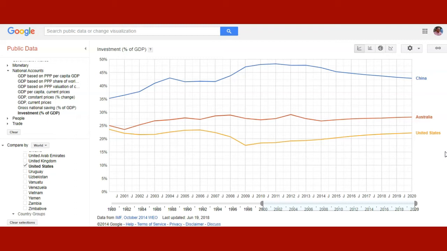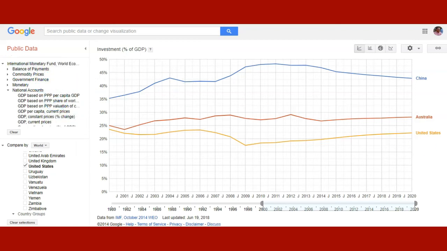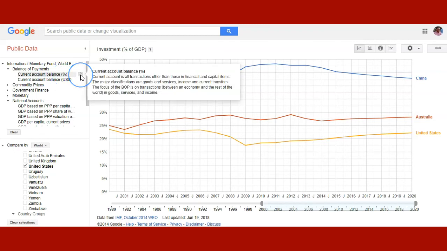A current account balance is a record of income in particular flowing into a country and out of a country due to trade, exports and imports, due to income from investments abroad or foreign investment within the country, and interest payments on loans. So let's see if we can find that. We've got balance of payments here, and in that there should be, yes. So the current account balance as a percentage of GDP.